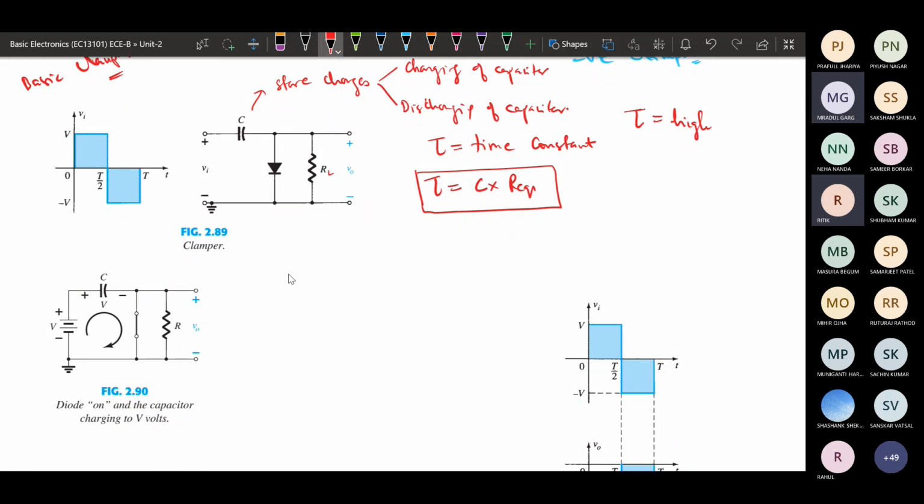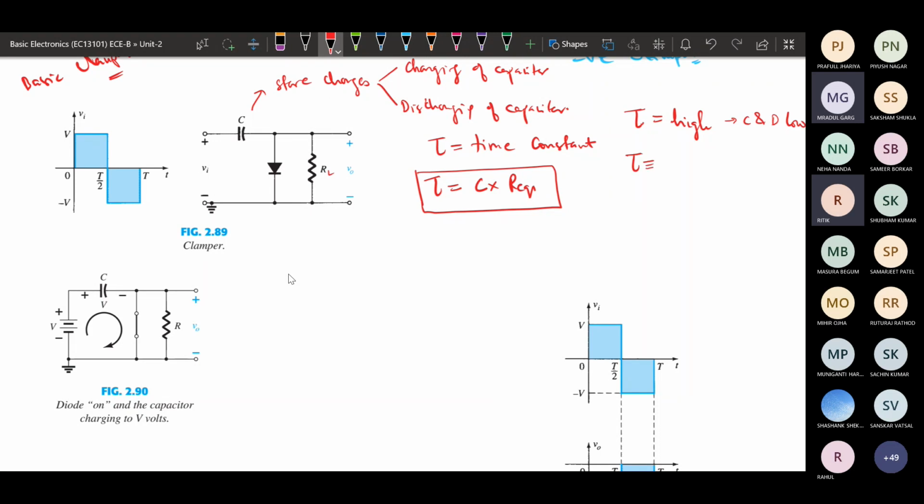That means if we have a high tau, the rate of charging and discharging will be low.